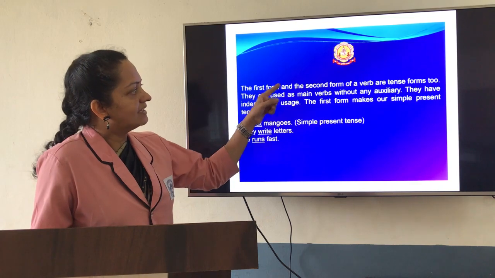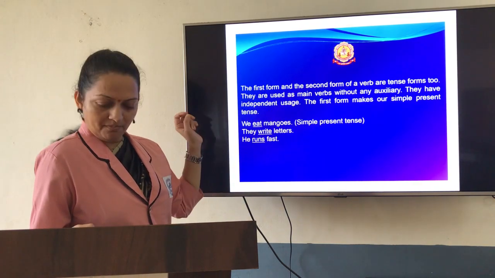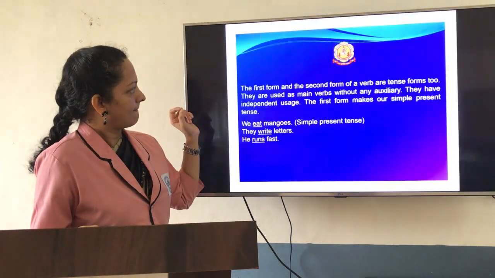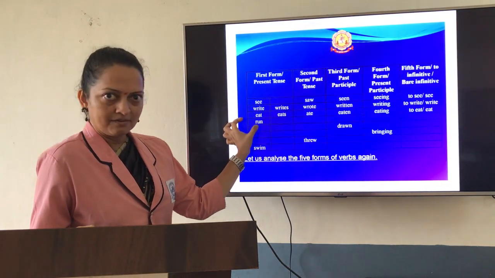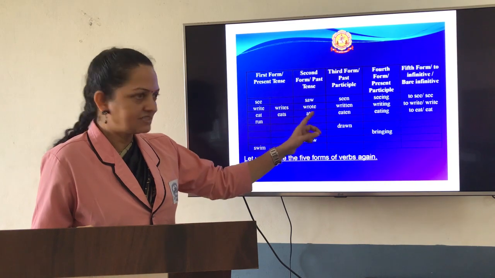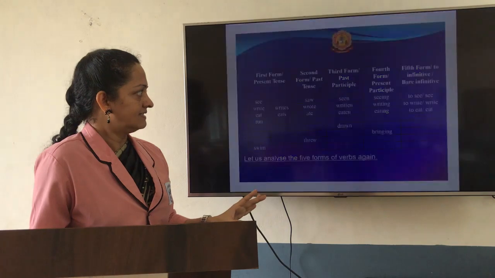The first form and the second form of a verb are tense forms too. First form is present tense form. Second form is past tense form. So we use these verbs as it is as the verbs in a sentence.